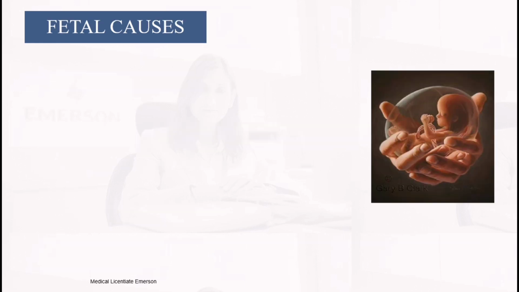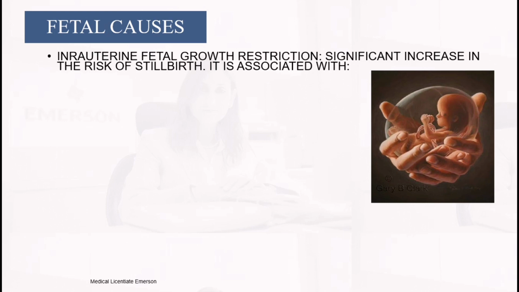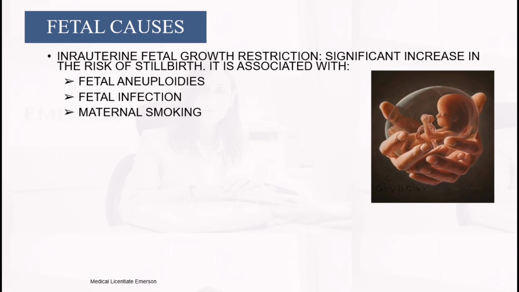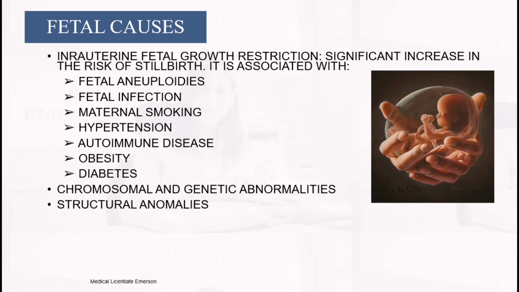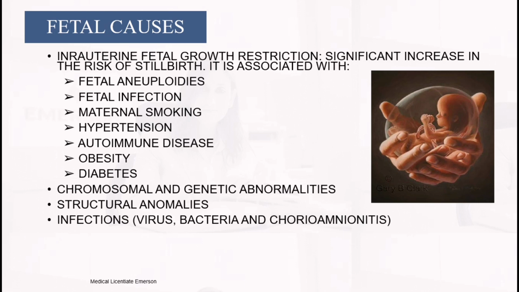So we also have fetal causes, which include intrauterine fetal growth restriction, with a significant increase in the risk of stillbirth in the associated conditions which we are going to mention: fetal aneuploidy, fetal infection, maternal smoking, hypertension, autoimmune disease, obesity, diabetes, and also other fetal causes, chromosomal and genetic abnormalities, structural anomalies, infections.